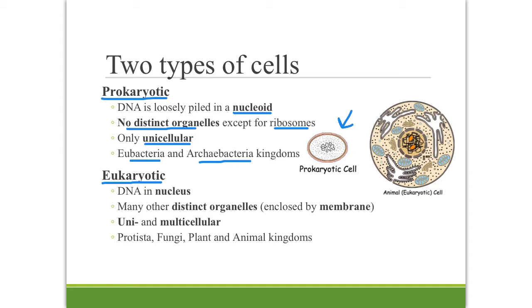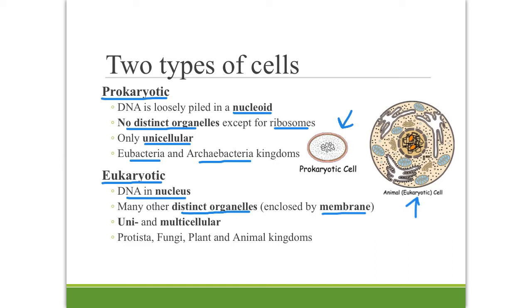All the other living things that you are familiar with are in the eukaryotic cell category. In eukaryotic cells, the DNA is held in a nucleus, something you're probably quite familiar with. And there are many other organelles, distinct structures inside the cell, which are wrapped up by a membrane. You can see some of those organelles illustrated in the diagram for our eukaryotic cell.